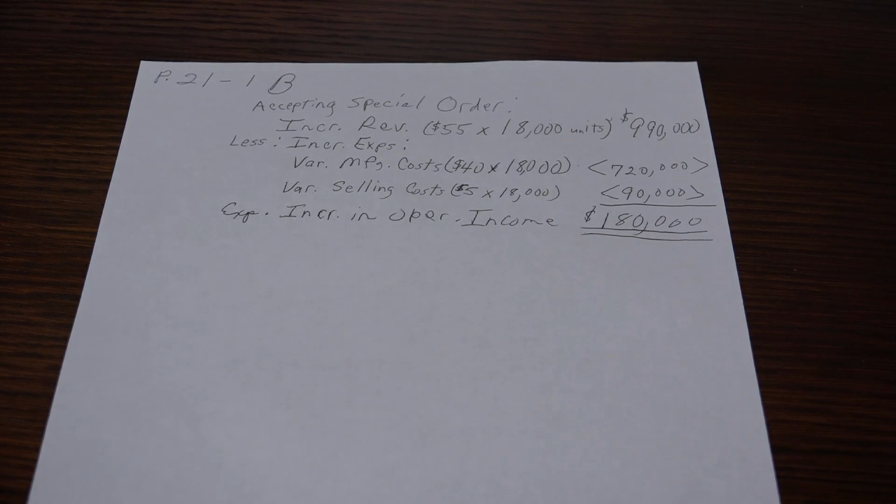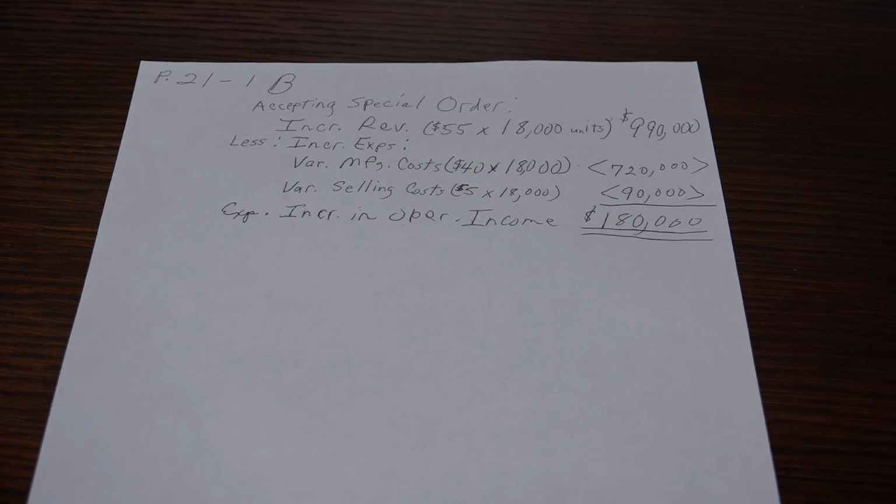Note that the contribution margin per unit for the special order skirts is not that good. It's the $55 selling price minus the $45 it takes to manufacture these goods. And so that's only, from a percentage standpoint, a contribution margin per unit of 18.2%.